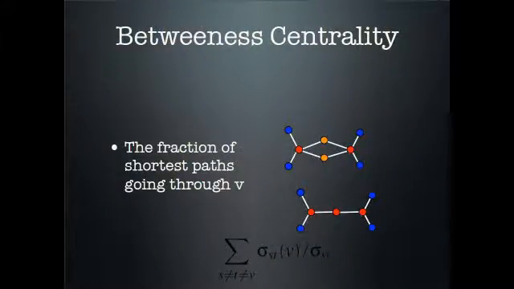That'll be important later. And then finally, betweenness centrality, which is a summation of the fraction of shortest paths going through a particular node. The idea being that if you're a single node, you consider all shortest paths between pairs of other nodes in your graph, and some number of shortest paths between those nodes will pass through you and some will not. So your fractional importance is the number of those that do pass through you over the total number of shortest paths.